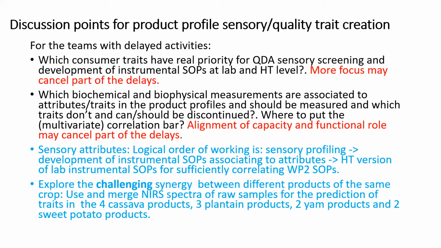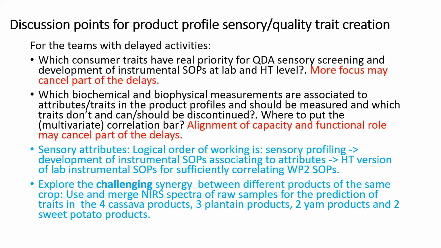Then there is, last but not least, the challenging synergy between different products of the same crop. If you merge in a creative way and use NIR spectra of raw samples for the prediction of multiple products, you would enhance the critical mass and robustness of your NIRS data, and you could predict four cassava products, three plantain products, two yam products, and two sweet potato products at the same time with the same data set.